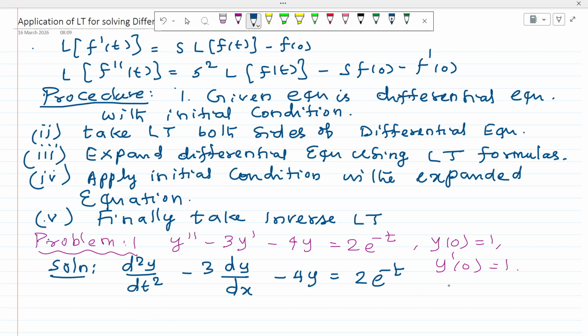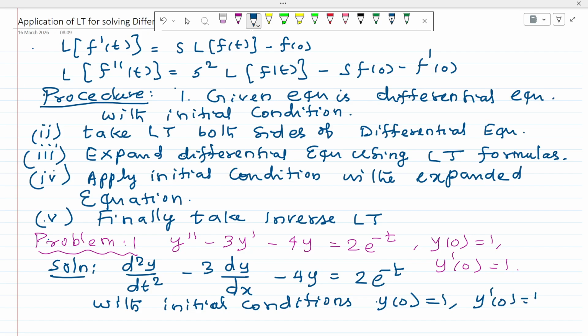So what are the initial conditions here? With the initial conditions, y of 0 equal to 1 and then y dash of 0 equal to 1.